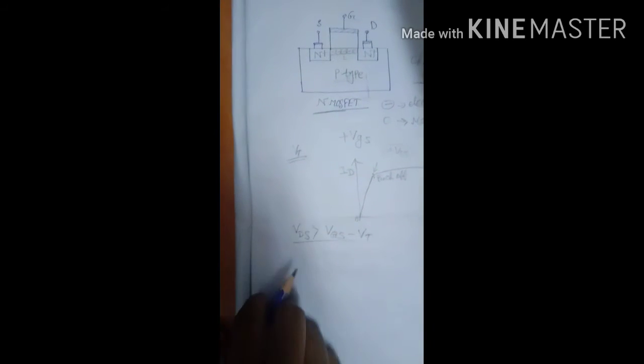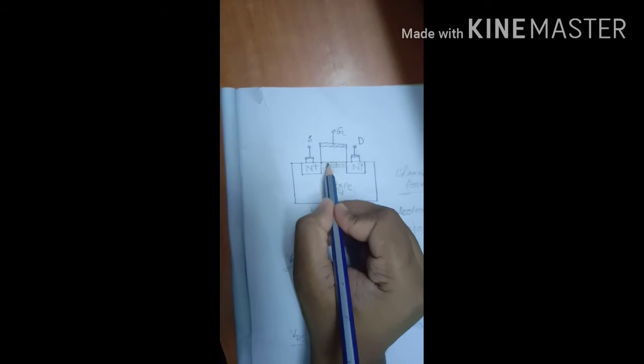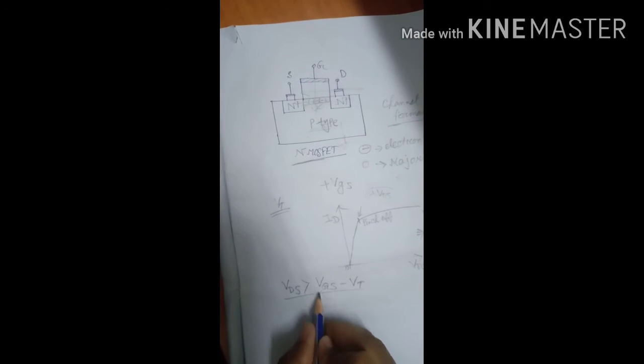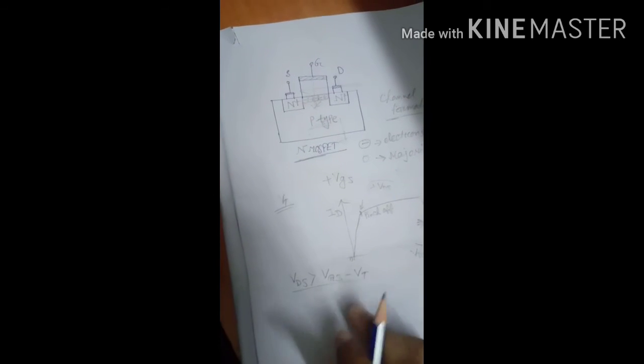Now we know that this is VGS and this is VDS. VGS works vertically and VDS works horizontally. So what will happen in this case? VDS is greater than VGS minus VT, right?